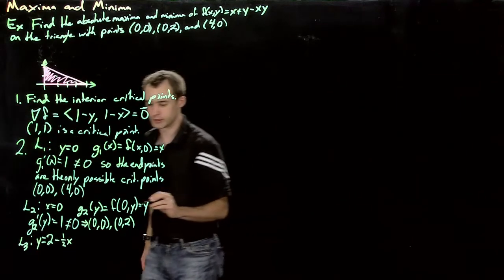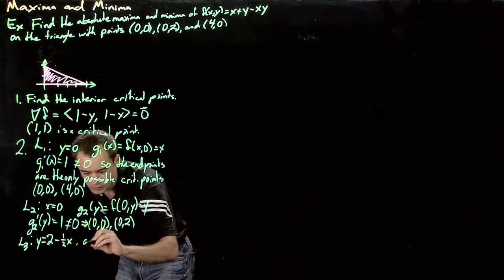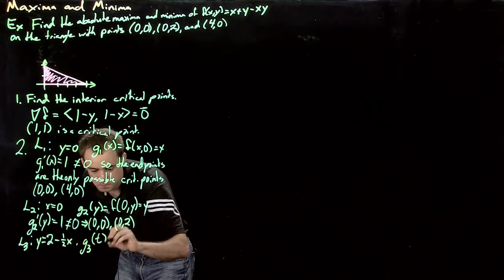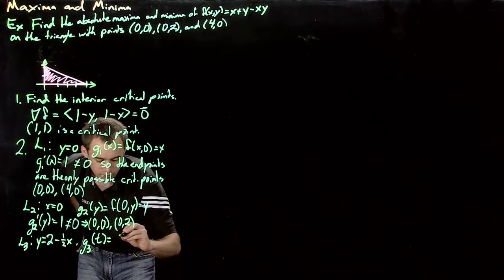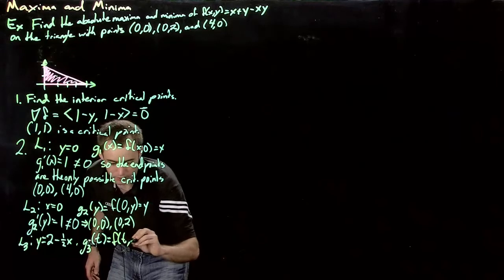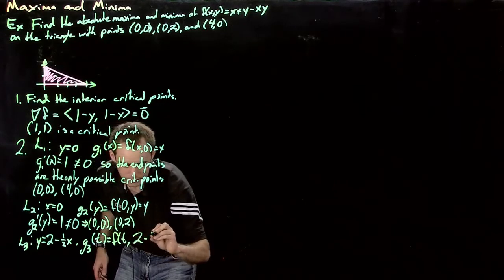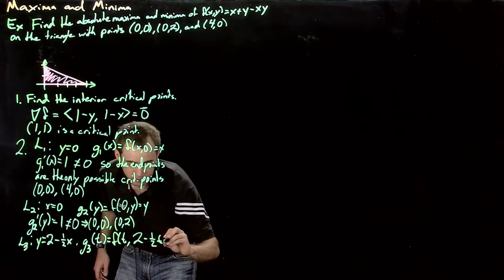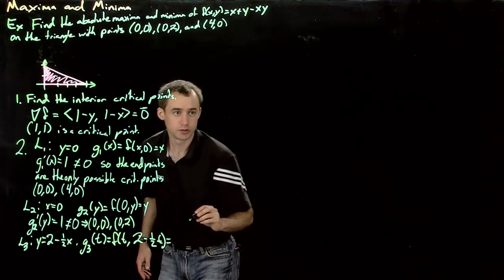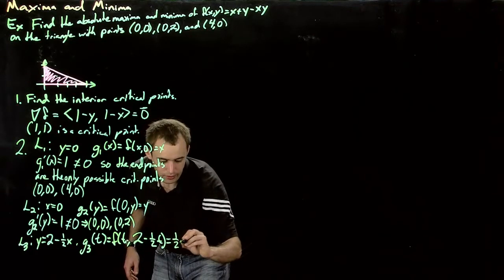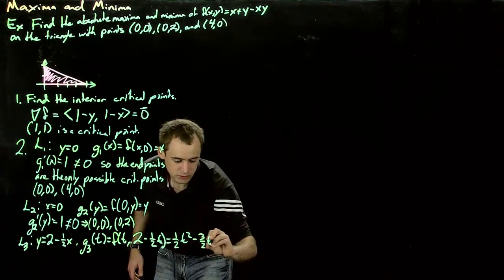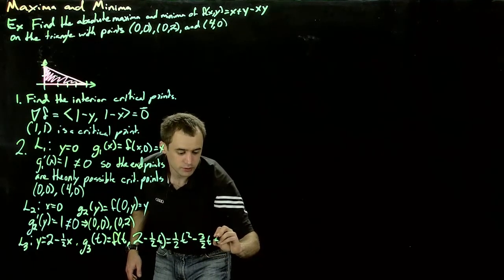So now my third function, g3(t), is equal to f(t, 2 - 1/2 t), which after you do some algebra, you get this to be 1/2 t squared - 3/2 t + 2.